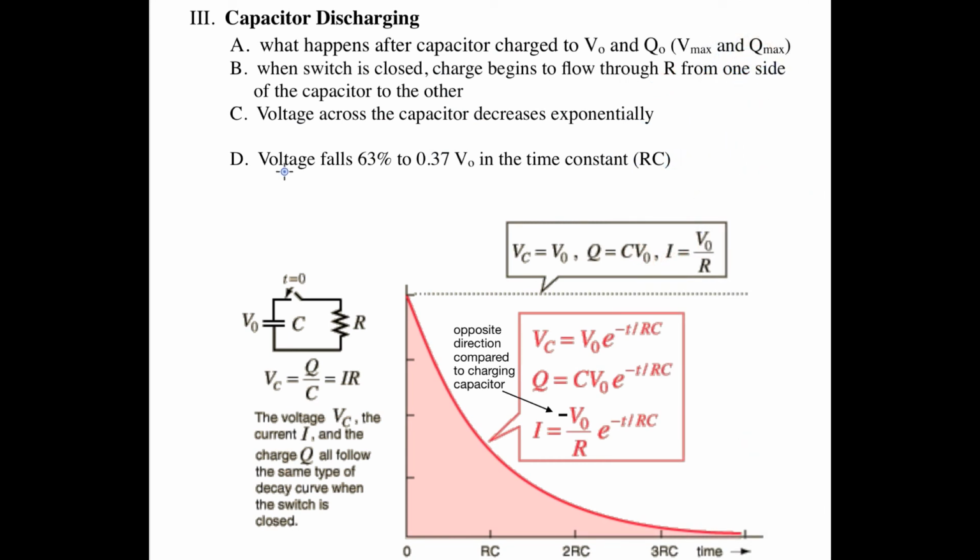So now we're going to take a look at a discharging capacitor. This is what happens after we have hooked up our capacitor resistor circuit with a battery and charged it up to some voltage, and that voltage should be the same as the voltage of the battery.